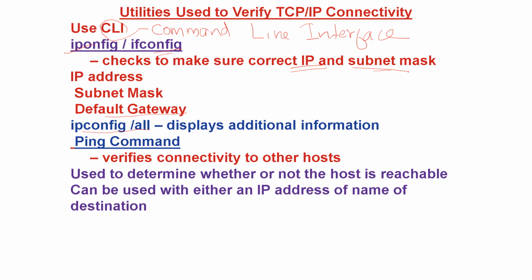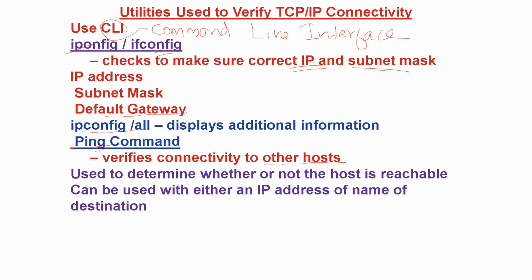The ipconfig /all command displays additional information along with the basic information. The next command used by system administrators or network administrators is the ping command, which verifies the connectivity to another host.